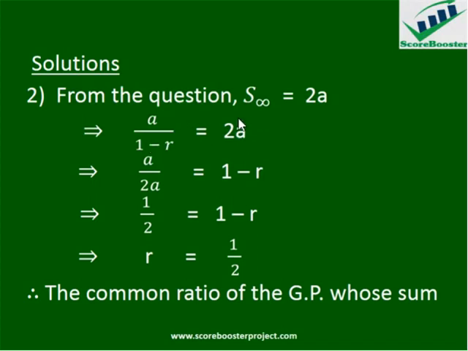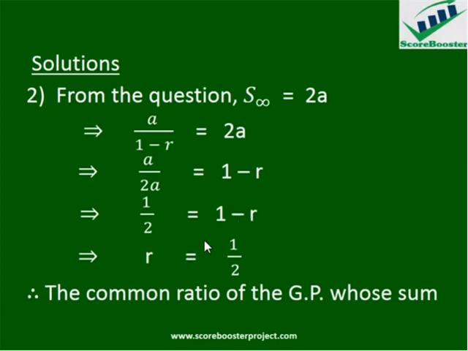cross multiply. We have A equals 2A multiplied by 1 minus R, and then we divide both sides by 2A. That is why we have A over 2A equals 1 minus R. Here we cancel A. We are left with 1 over 2 equals 1 minus R. In the question, we are to obtain the value of the common ratio, which is R. So now we make R the subject of the formula.